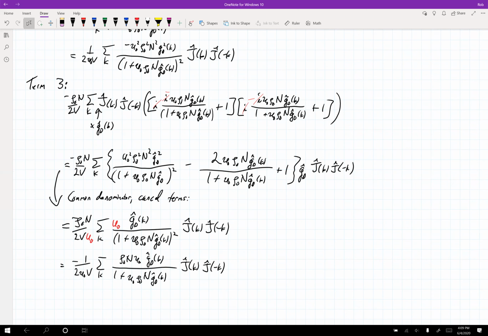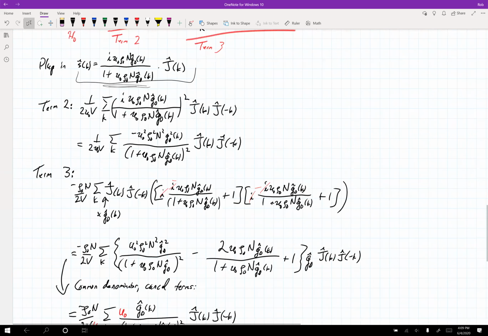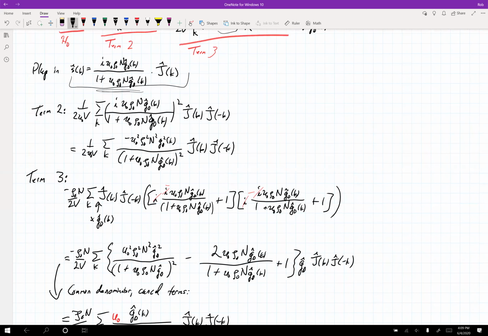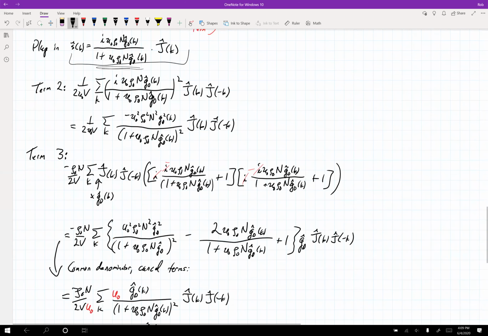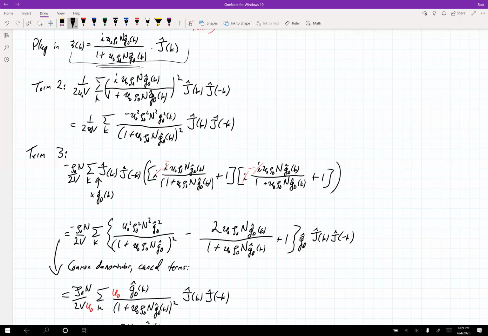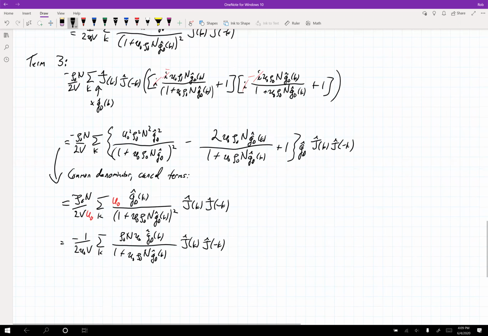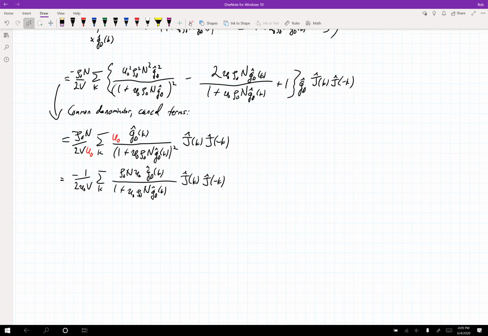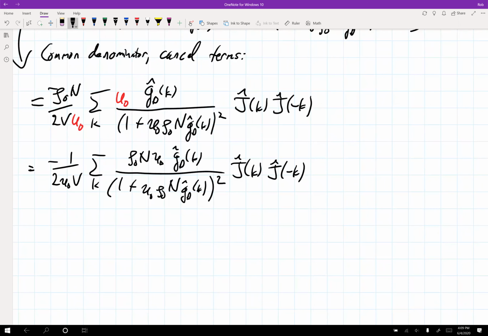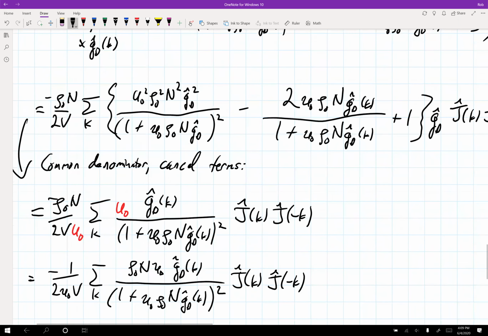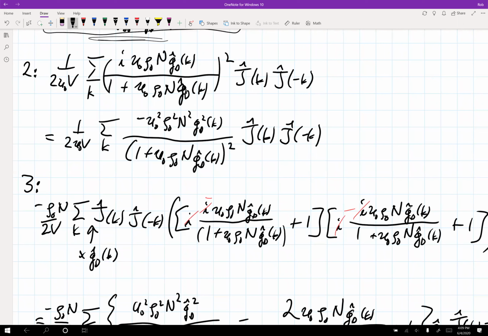So when we go back up and add this to term 2, what we see is that the denominator is common between the two, and so we can add what's in the numerator together, right? Let me see, this should be squared. Sorry, I forgot that squared. So we have the same prefactor, the minus 1 over 2 u naught v, and then all of this mess squared. So that gives us the same prefactors up here, 1 over 2v, hot mess squared, and then we have the same thing multiplying on the right.